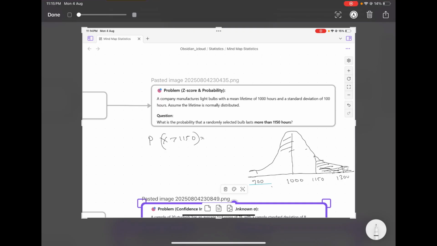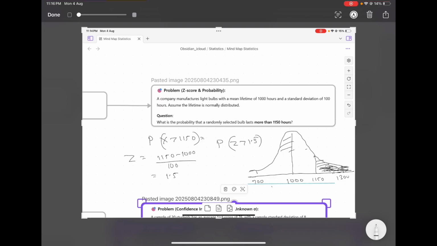For this, we first calculate the Z score, that is 1150 minus 1000 divided by sigma, that is 100. So this is equal to 1.5. We need to find the probability that Z is greater than 1.5. This corresponds to this area.